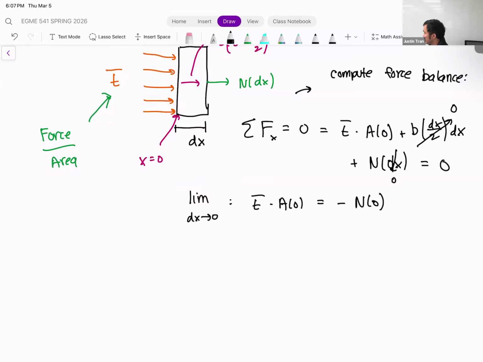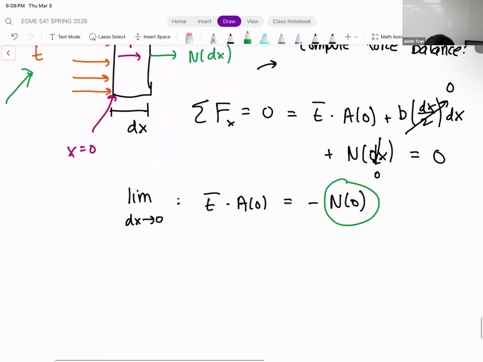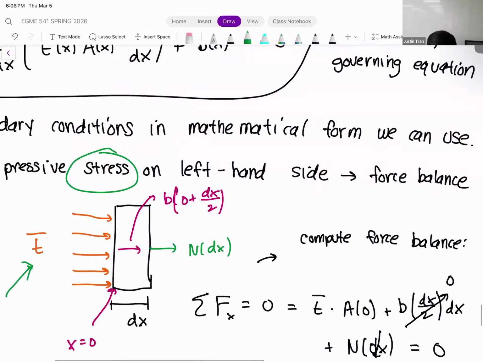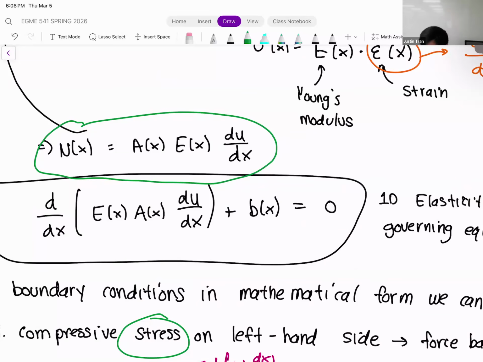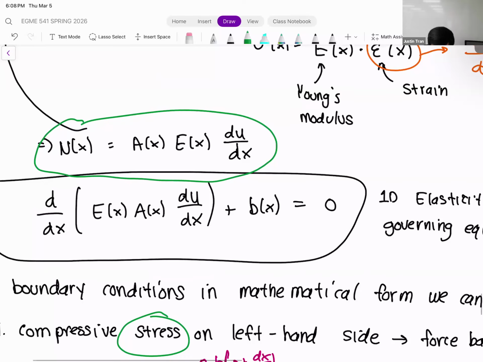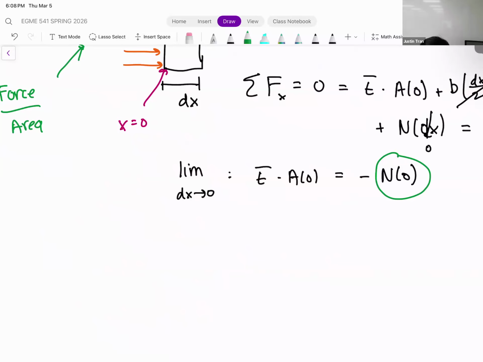This is good, but it's not quite there because remember we want to put all of our equations in terms of our deformation or displacement. So for our internal force n here, let's plug in our expression. We know that from up here, n of x is equal to a of x, e of x multiplied by du dx. So it's going to be minus a of 0 multiplied by e of 0 times du dx, evaluated at x equal to 0.